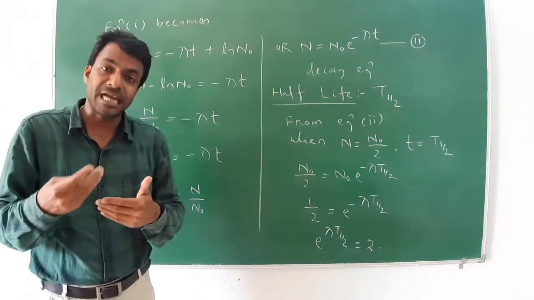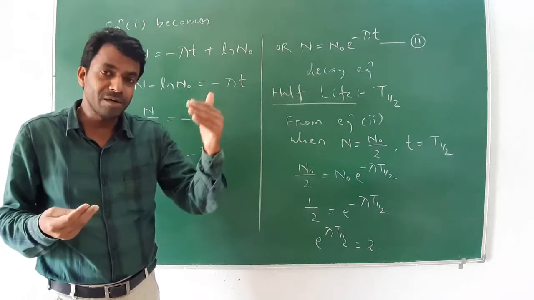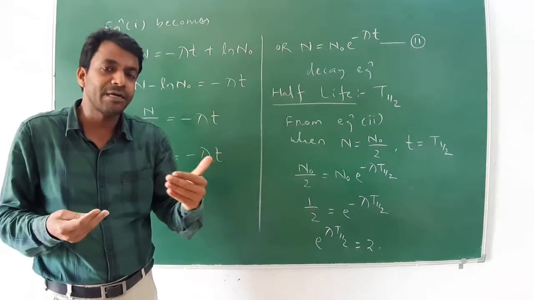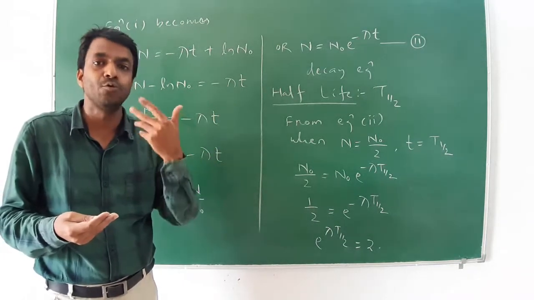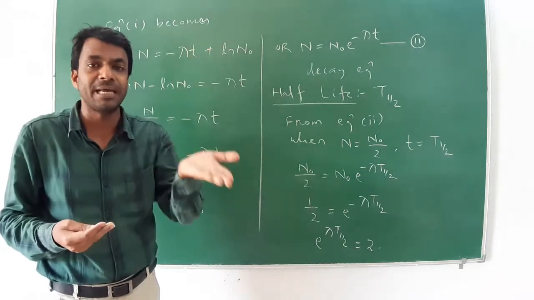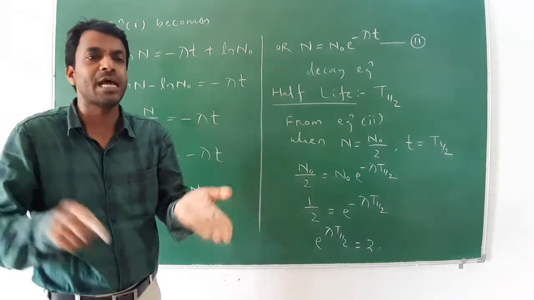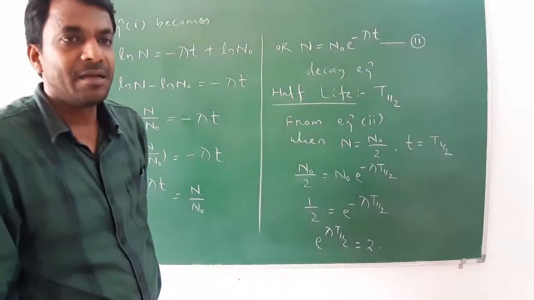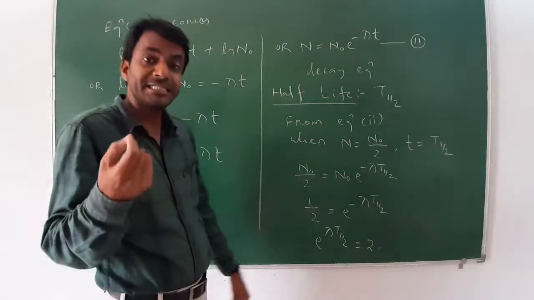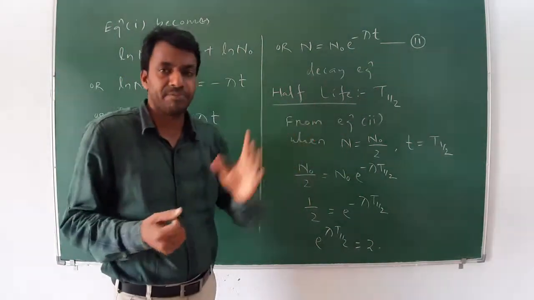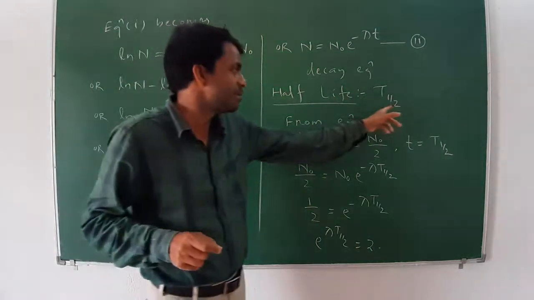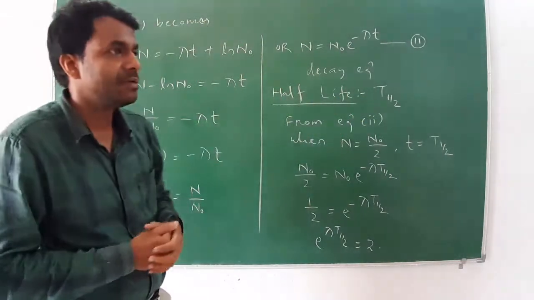After a certain time, the number of undecayed nuclei becomes N0 by 2, means half of the initial value, and that time is known as the half-life. It is denoted as T half, or T 1 by 2.